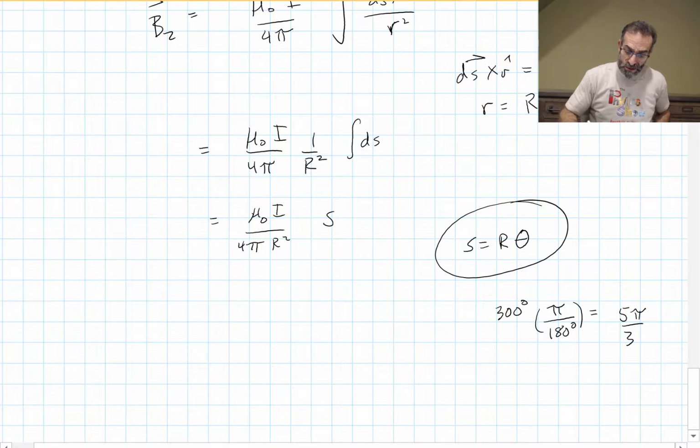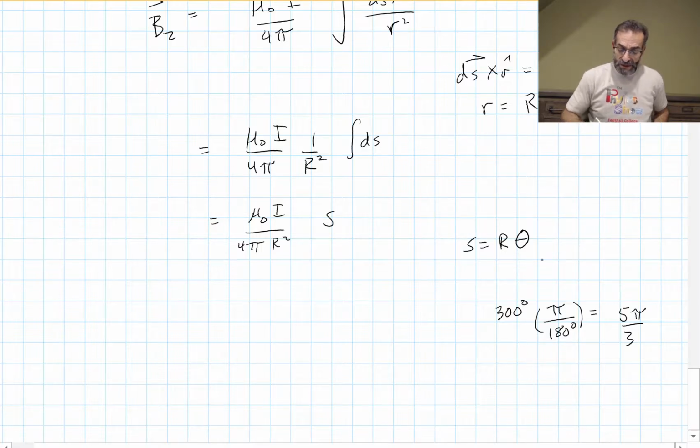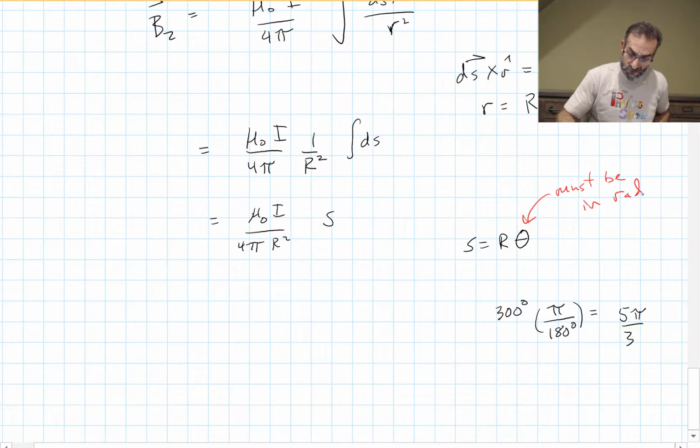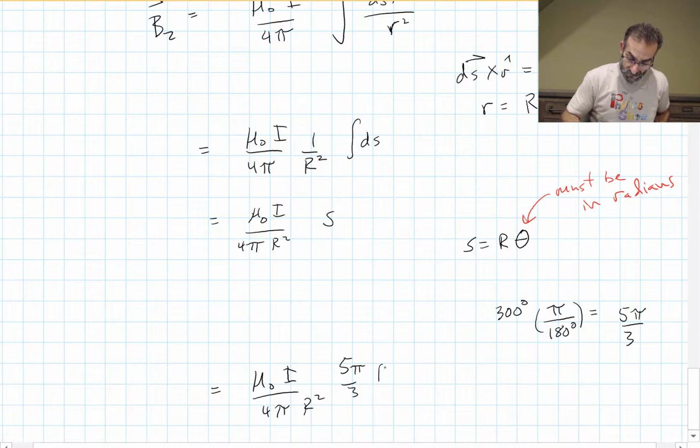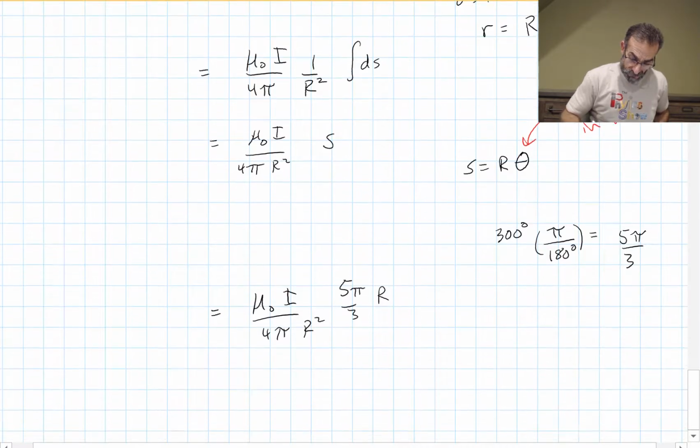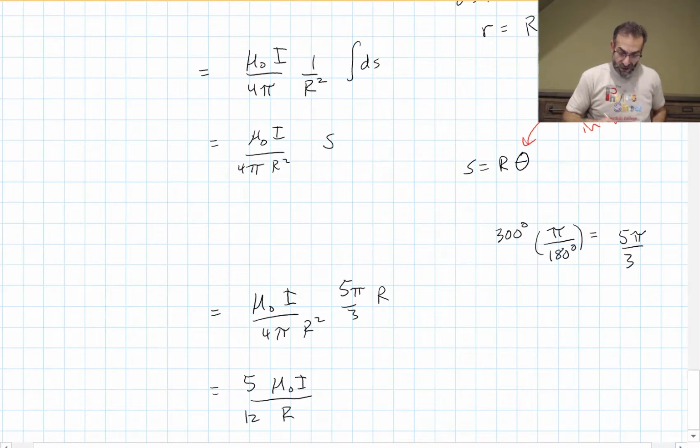This expression only works when theta is in radians. So I get 5/12 mu naught I over r.